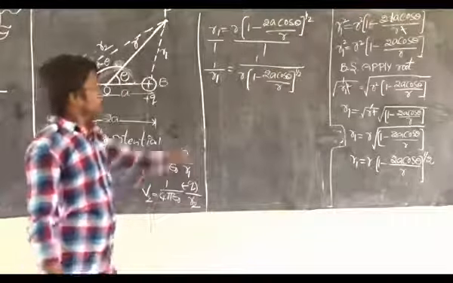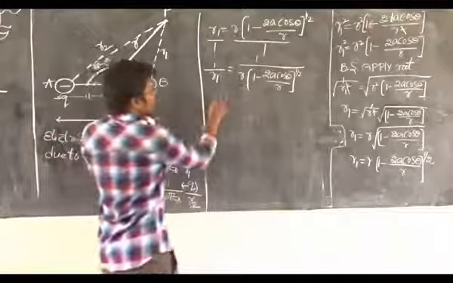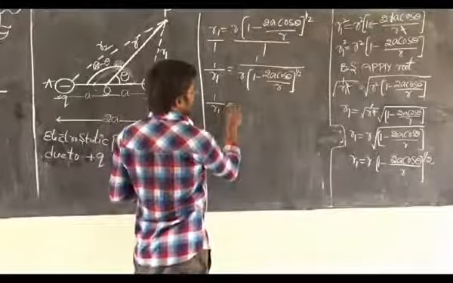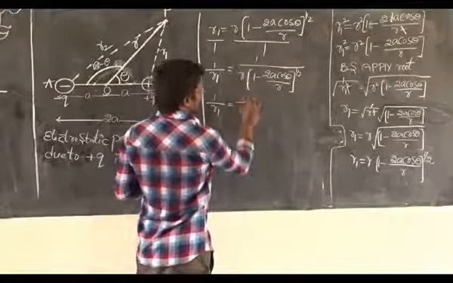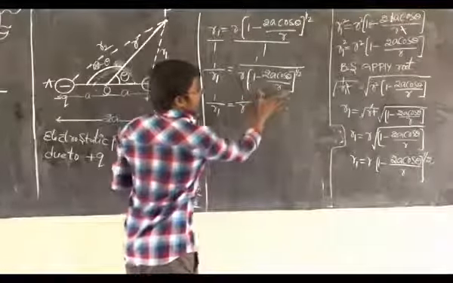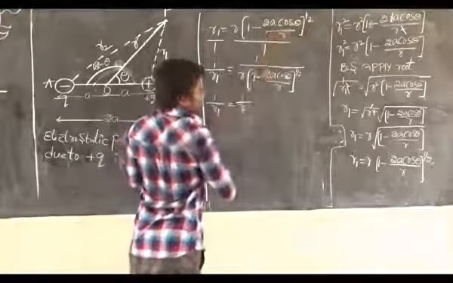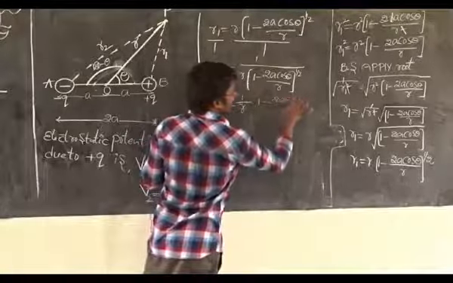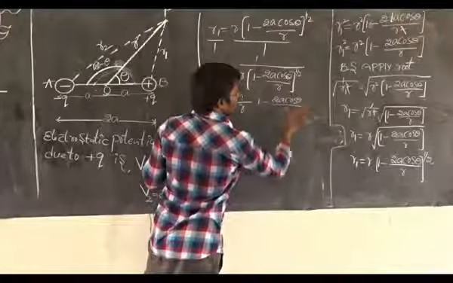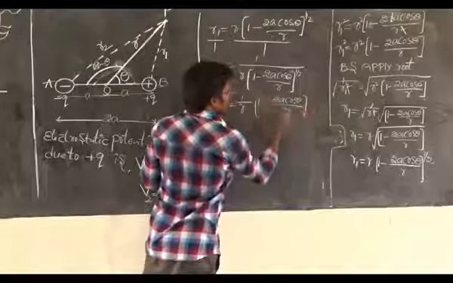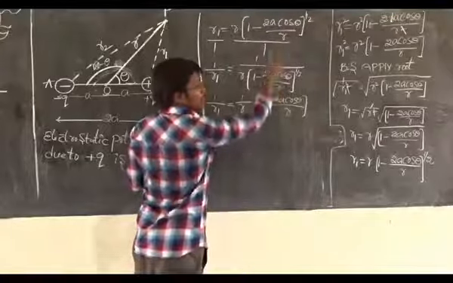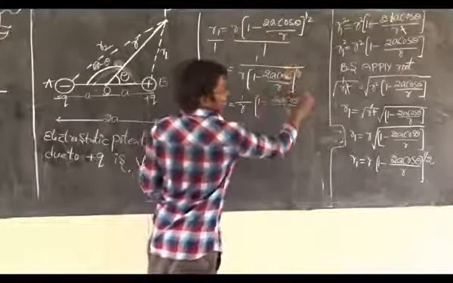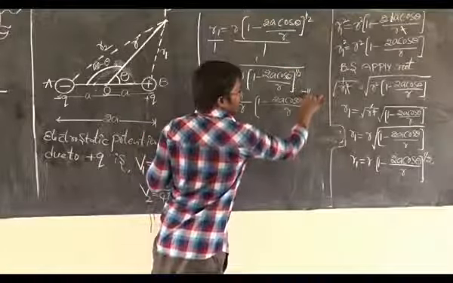Now I am writing this in the numerator, so the sign will be minus, so here minus 1 by 2.